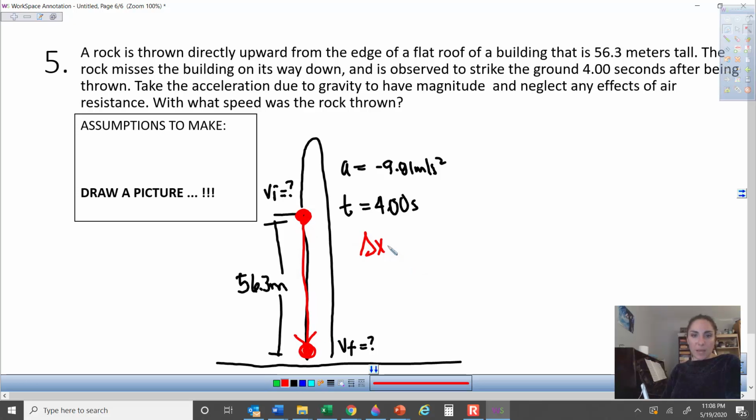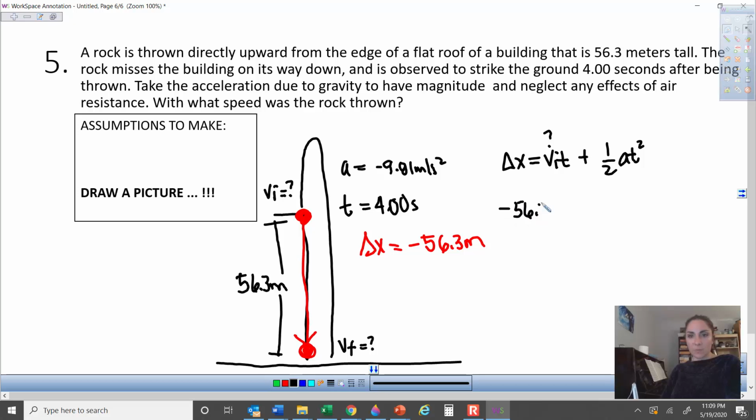So this delta x is negative 56.3. So in fact, here's where this equation is super helpful because we have time. Remember, this equation is not bad if you have time. And in fact, it has the variable that we want to solve for. So check it out.